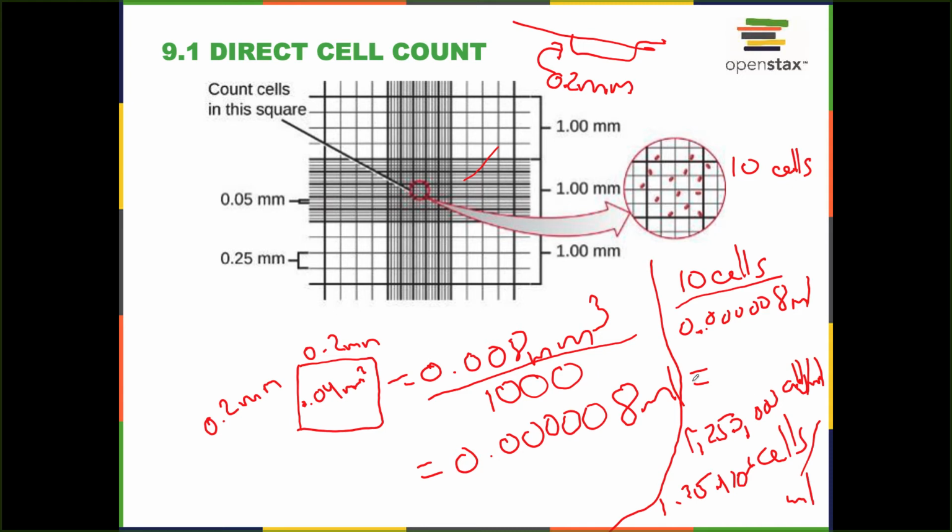Just be aware that you have to figure out how big one of these squares is using the measurements that are there. The depth is always going to be slightly different, so make sure you find the depth. Then you simply go length times width times the depth. That'll give you the area. Divide that by 1,000. Who cares where this number came from? That'll give you the volume that all of these cells are in.